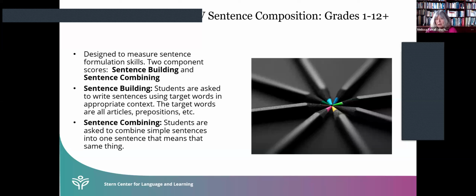We have a lot of research that tells us that the ability to take 2 simple sentences or 3 simple sentences and combine them into one is a marker of skilled syntactic ability, skilled syntax. So what we want is for students to be able to express their thoughts with a variety of different sentences, because different types of sentences allow us to do different things.